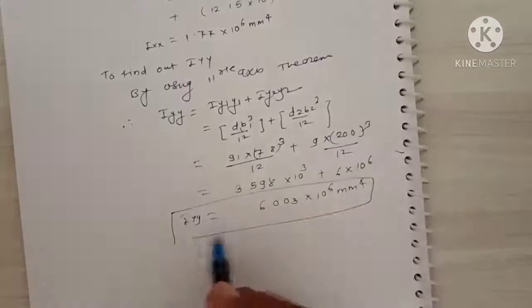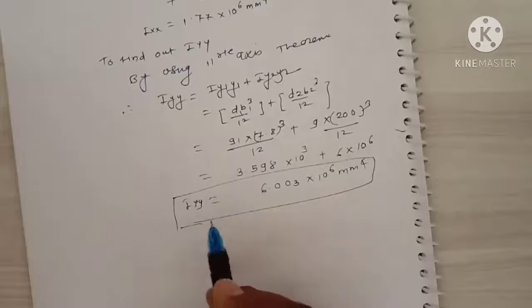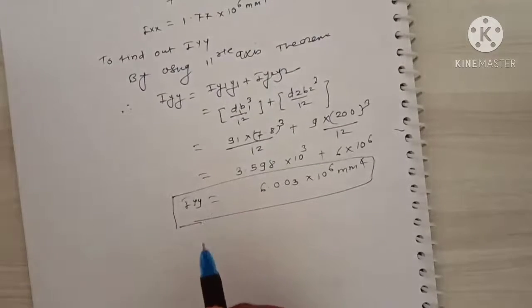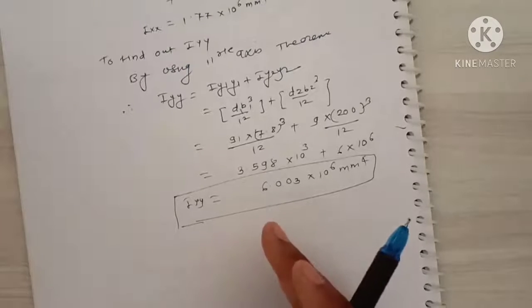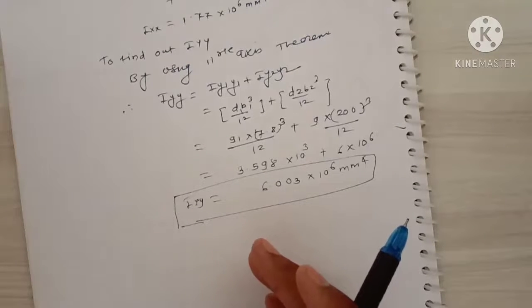Okay, this is a very simple problem. Inverted T section. In the inverted T section, we calculate the moment of inertia about the x-x axis and y-y axis.